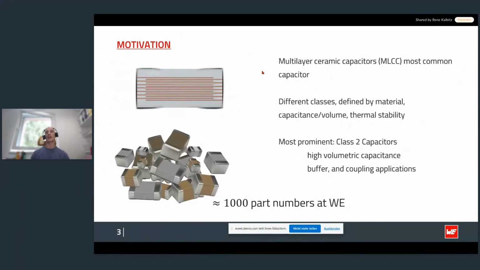Multilayer ceramic capacitors, short MLCCs, are the most common capacitor type. At Würth Elektronik, we have about 1,000 part numbers in our portfolio. They are available in different classes that are distinguished by the used dielectric material, capacitance volume ratio, and thermal stability.